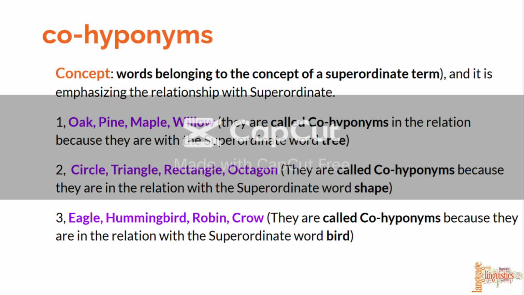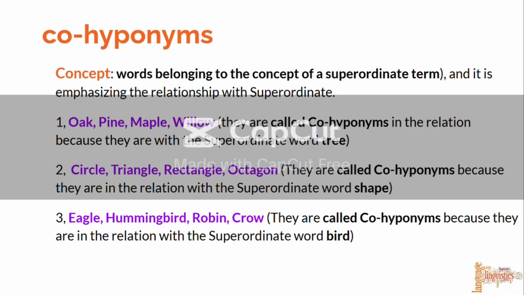So the second group, the words like circle, triangle, rectangle, octagon. They are called co-hyponyms because they are sharing a common feature and a common class, right?